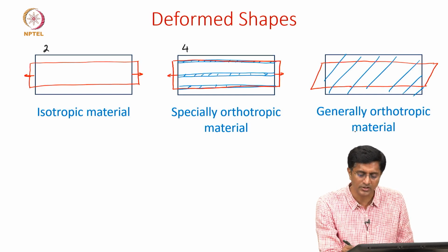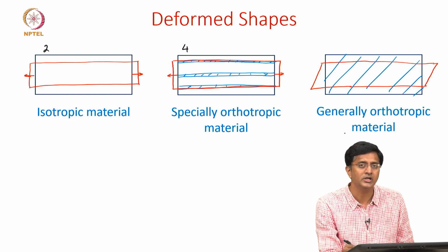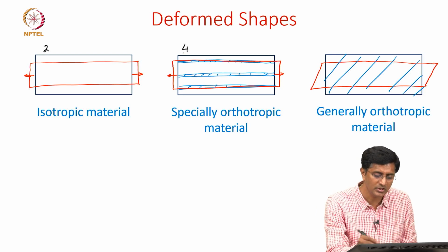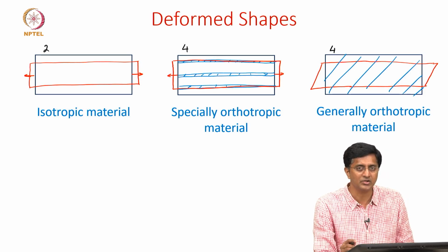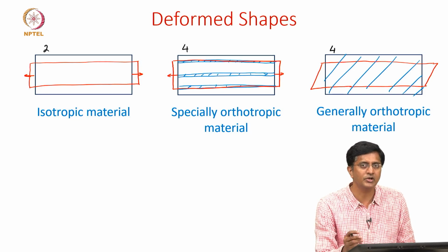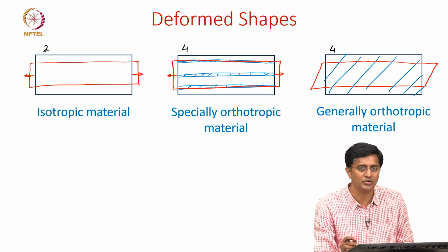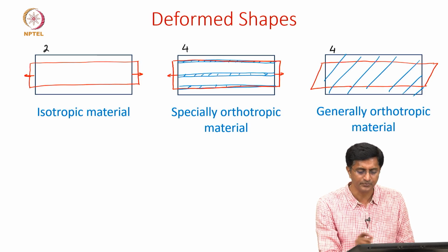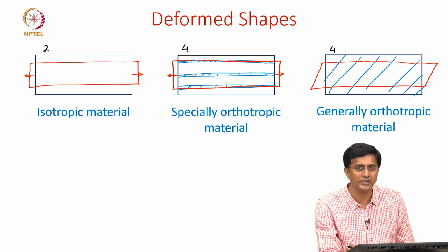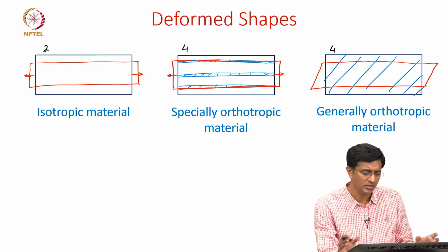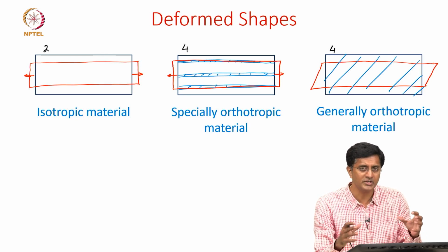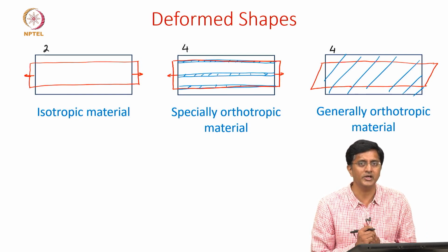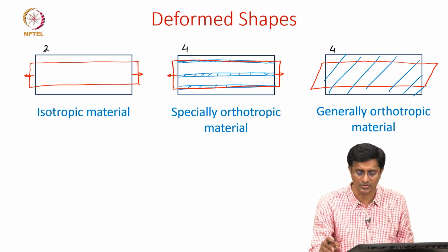For the generally orthotropic material as well, things won't change. You will still have the four independent elastic constants, which are again E1, E2, Poisson ratio, and G12, the shear modulus. The reason I'm giving you this summary is, with this information, let's think how a laminate will deform under uniaxial loads.